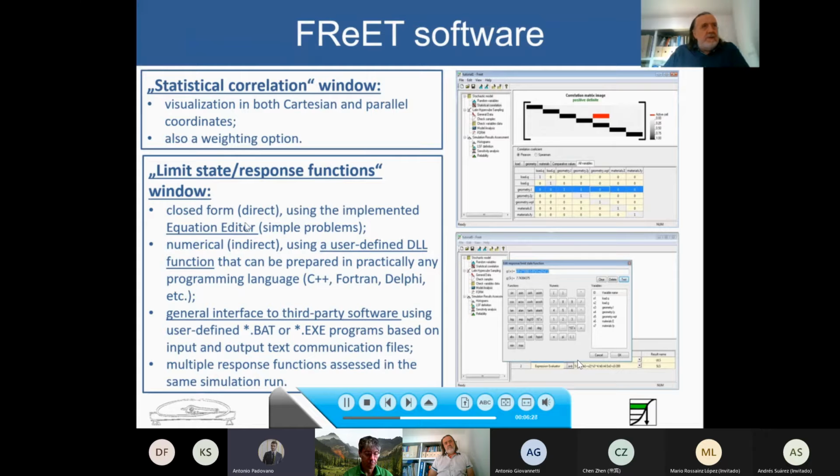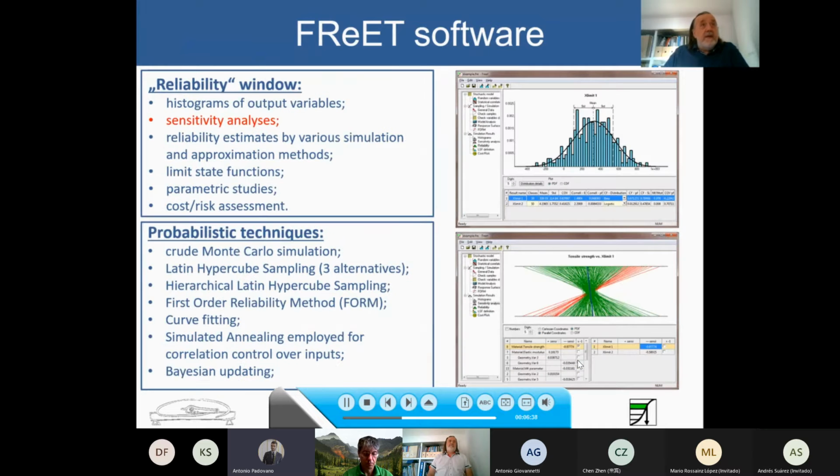Closed form in equation editor for simple problem, or dynamic library, or there is a general interface to third-party software. Well, the reliability window actually shows histogram of output variable after uncertainty propagation.